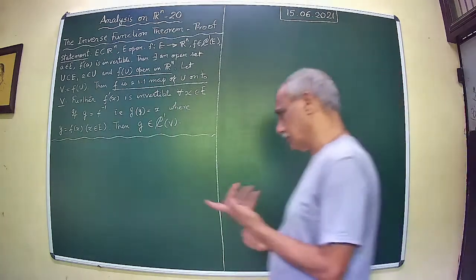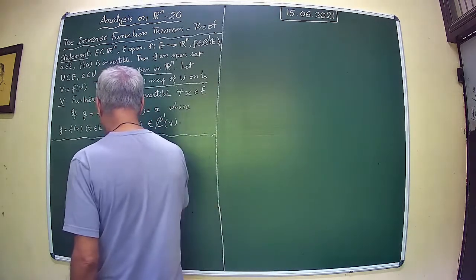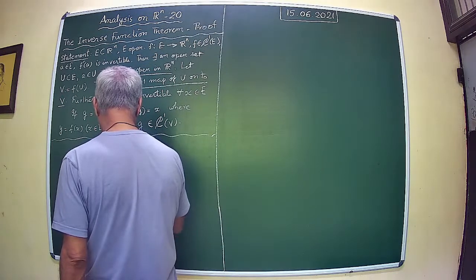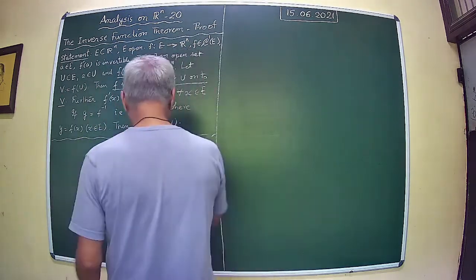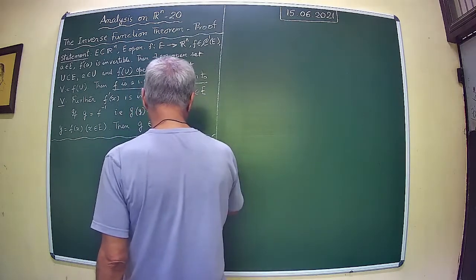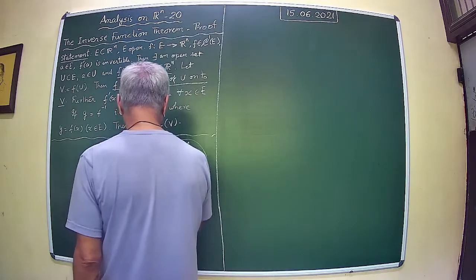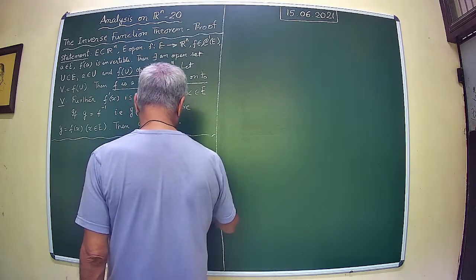Now, the point is this: you have E, and a, an open neighborhood of that. This is Rn. This is F(a).